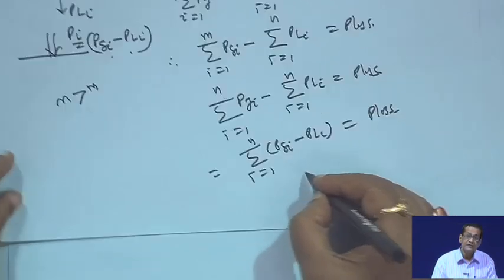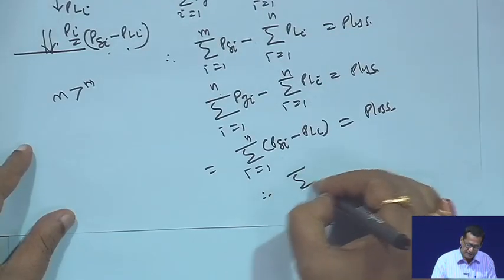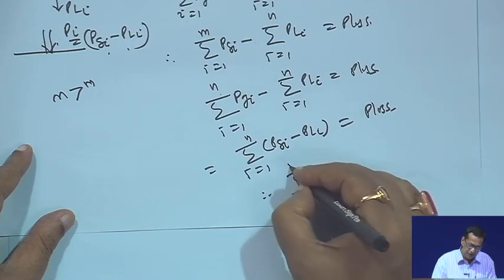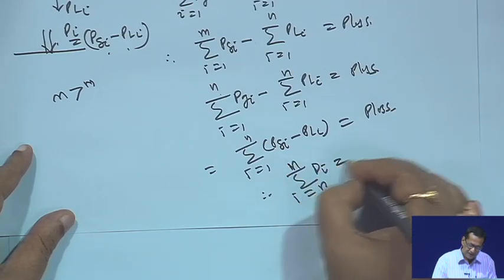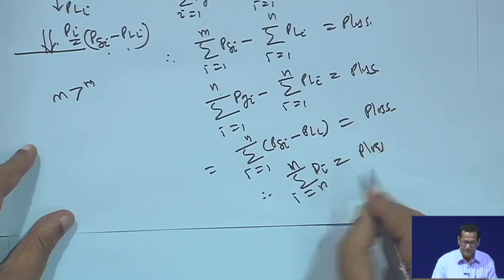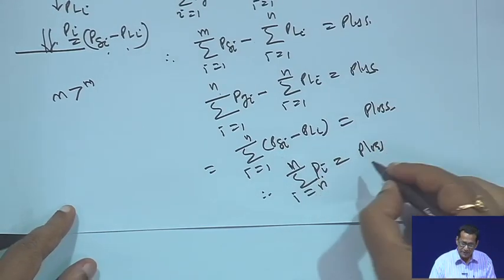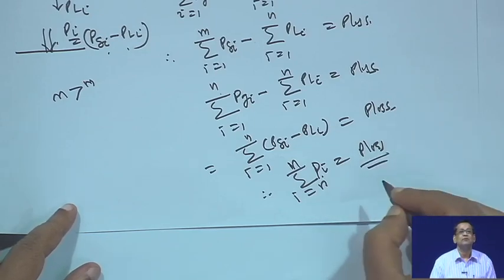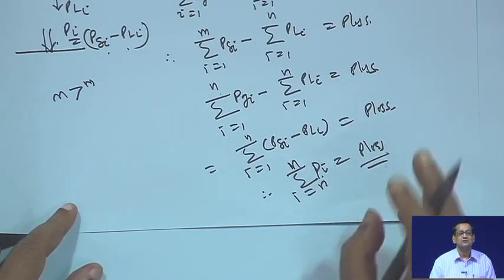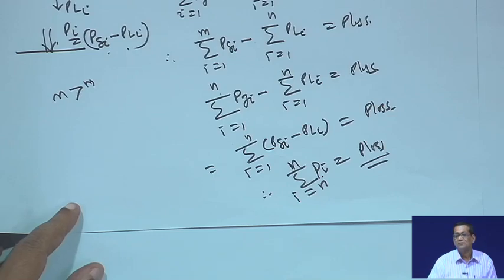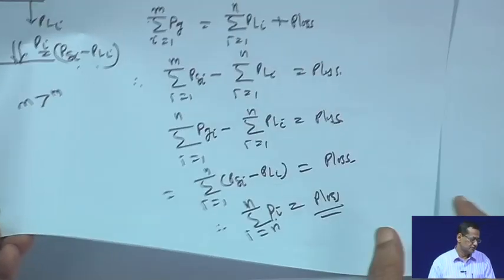So, this equation can be written as sigma I equal to 1 to N PI is equal to P loss. That means the sum of injected power at all buses will give you the power loss. This I wanted to say, because I will use this.